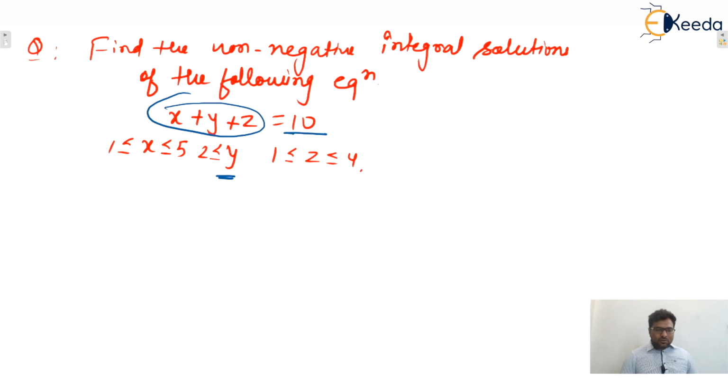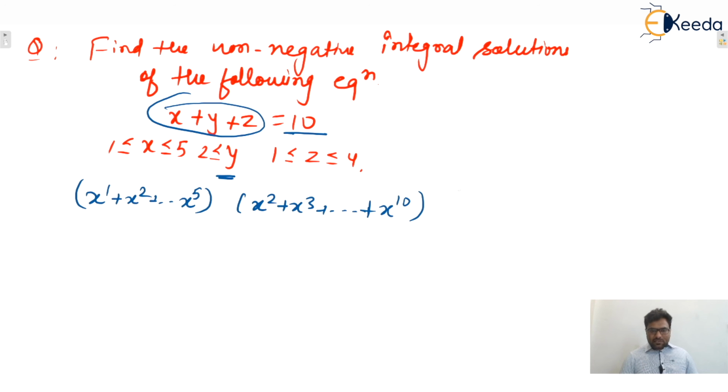Yes or no? So this can be written like this or not: x power 1 plus x square up to x power 5, and second, x square plus x cube up to x power 10. The next one, x power 1 plus x square up to x power 4. Multiply all these. So we need to find out the coefficient of x power 10 because on the right hand side 10 is there.